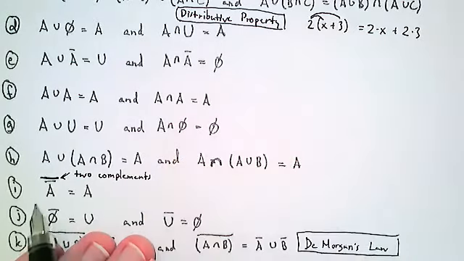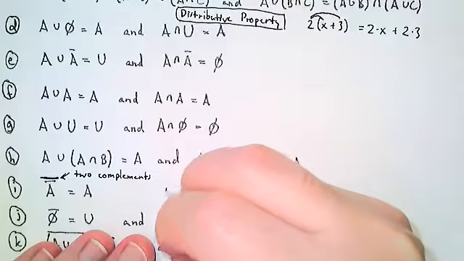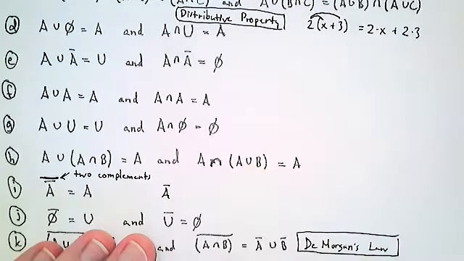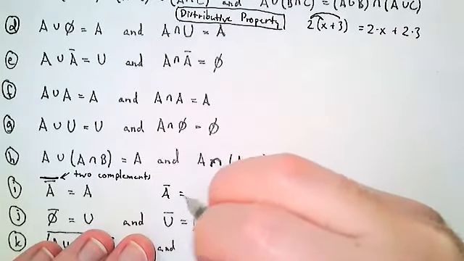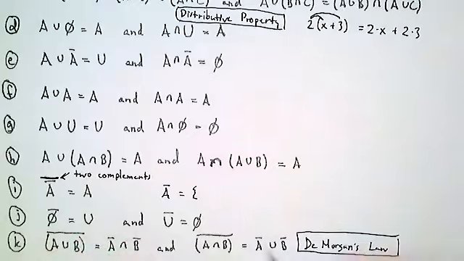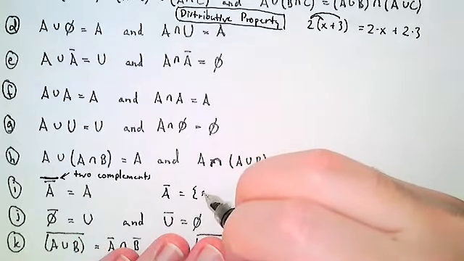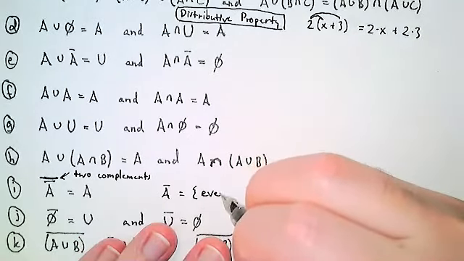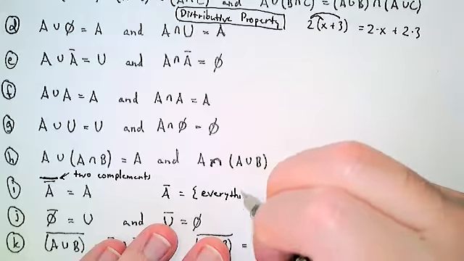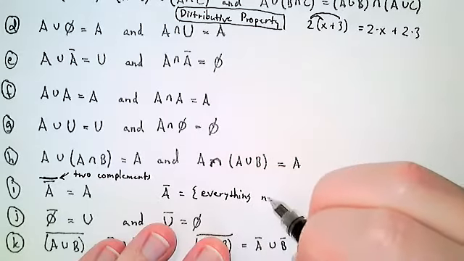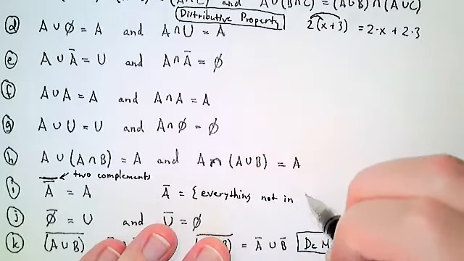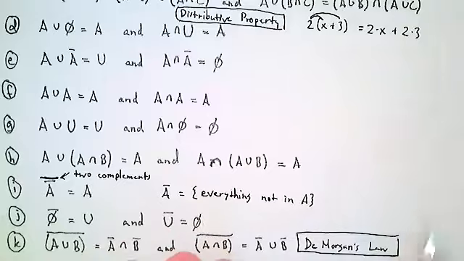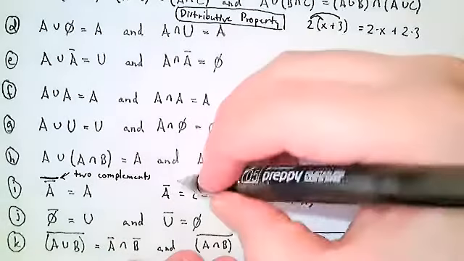So I have the set A, and A with a complement is, in rough terms, the set of everything not in A. Okay, and then what I'm going to do is take another complement.